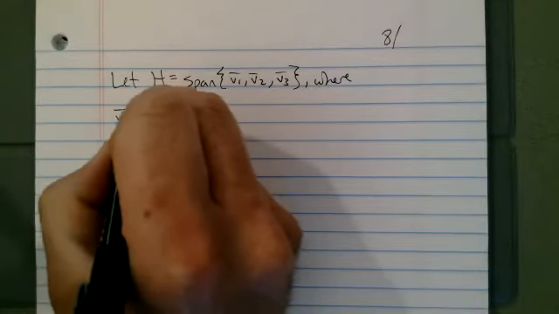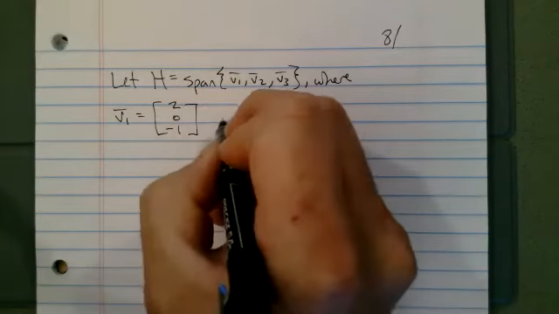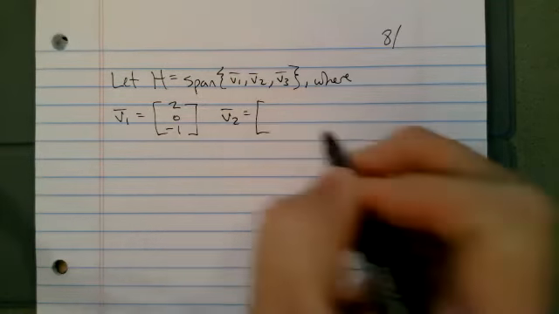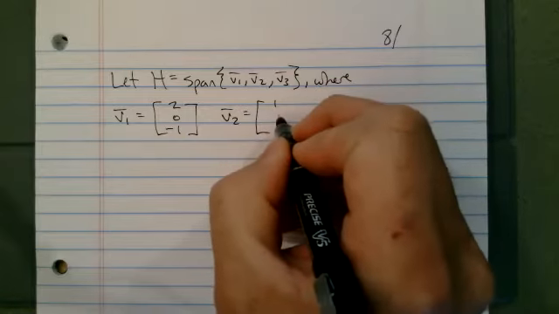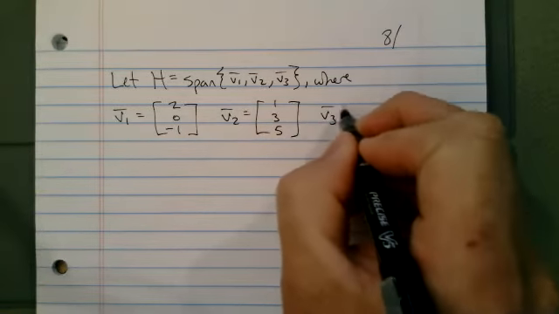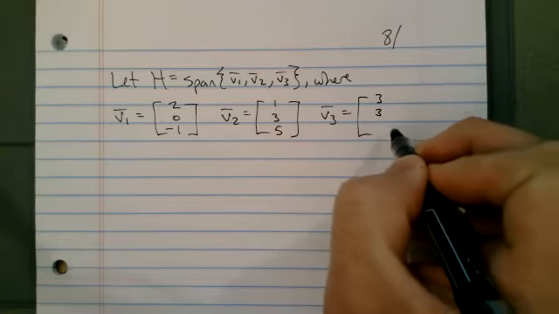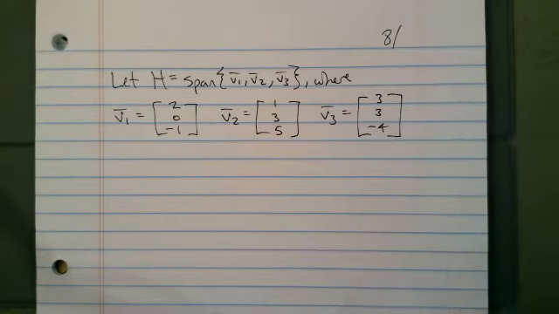V1 will be the vector (2, 0, -1). V2 will be the vector (1, 3, 5). And V3 will be the vector (3, 3, -4). So the set V1, V2, V3 is a spanning set of H.